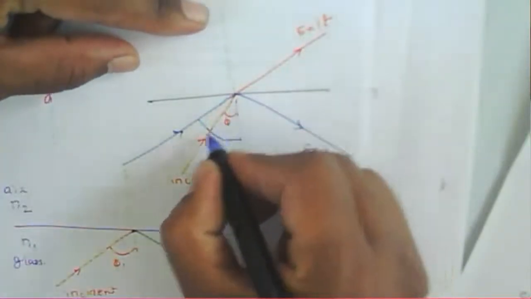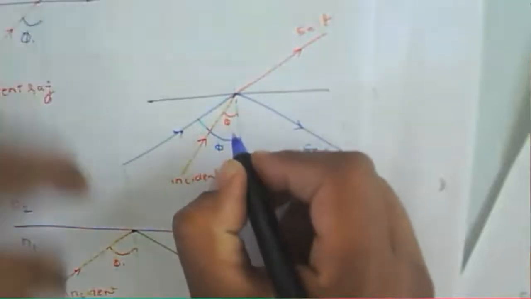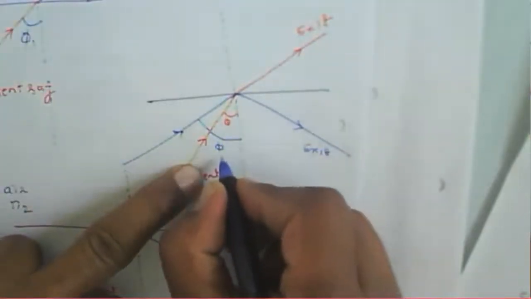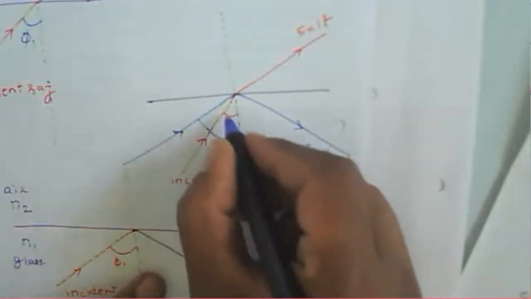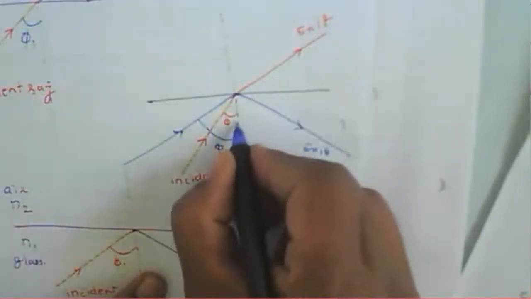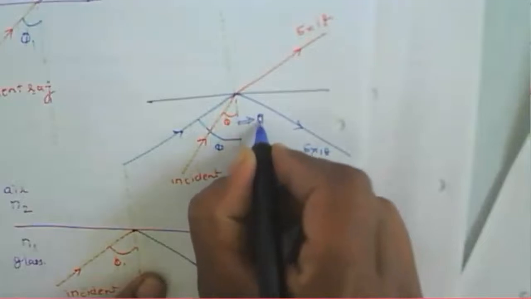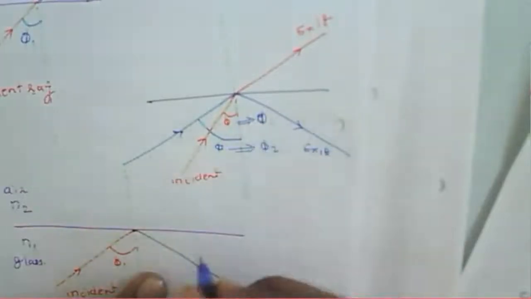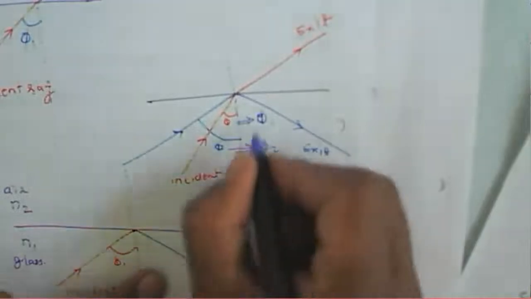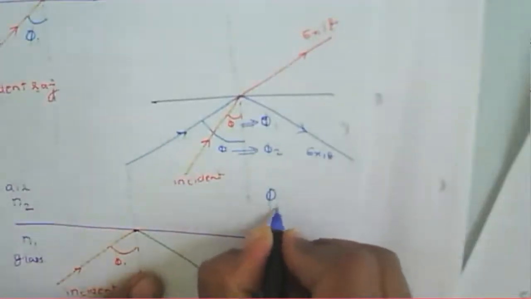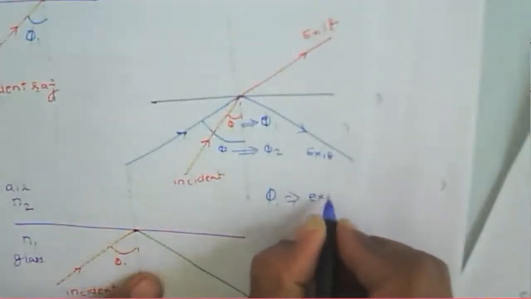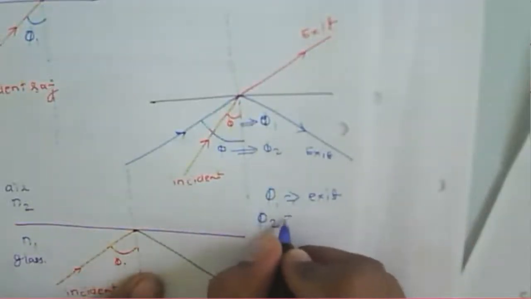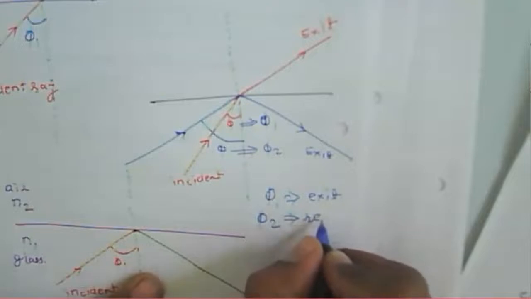Our aim is to find out at what values of this phi, in red color phi 1 and in blue color phi 2, at some particular condition your ray will exit into the different medium.